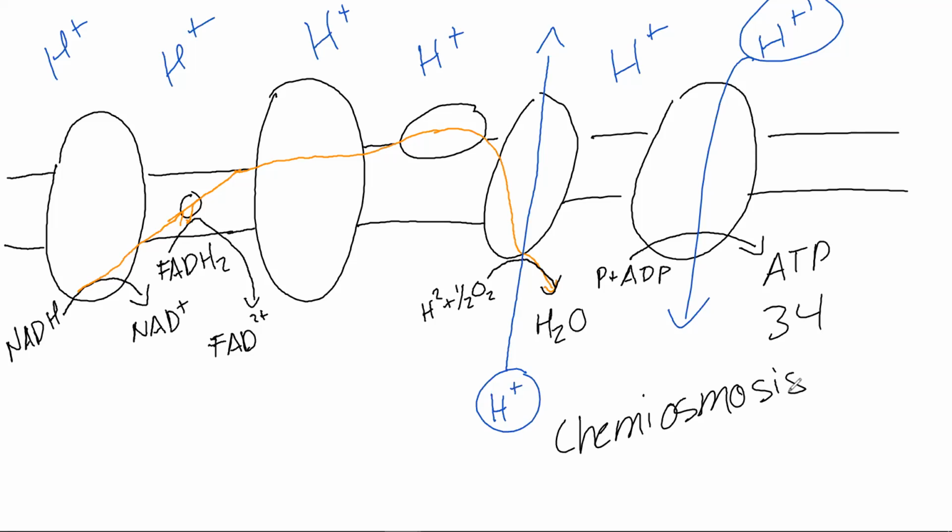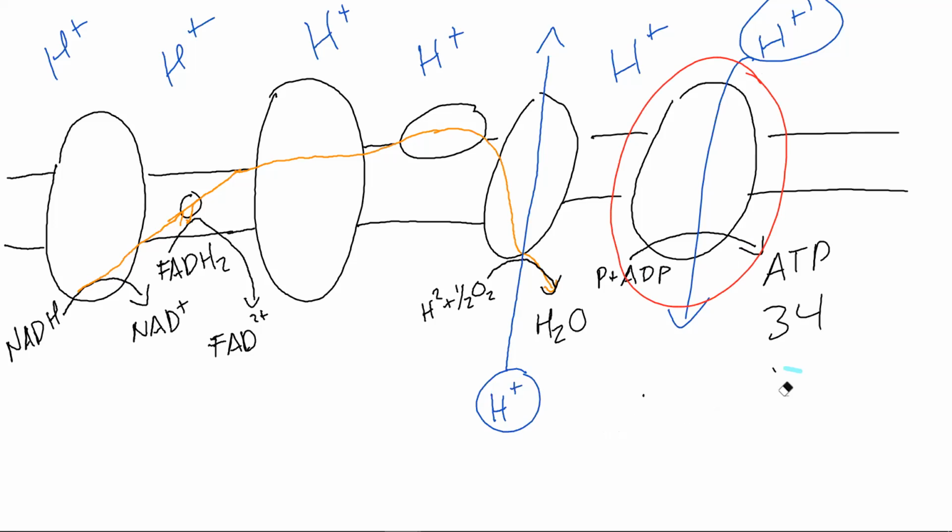So with that, does everybody understand this whole process? Yes. All right, cool. Last thing I need to tell you all about, it's the fifth complex, the final molecule, this thing. Maybe I should do it in a different color. I'll do it in red. This thing, let me erase chemiosmosis now that you all know what that means.